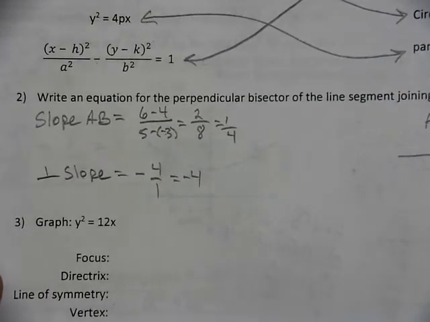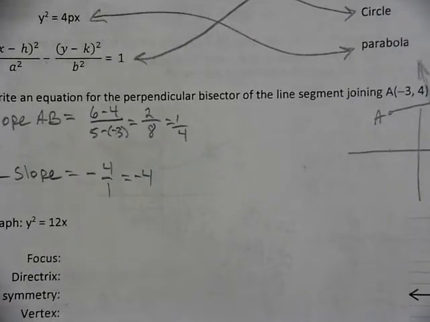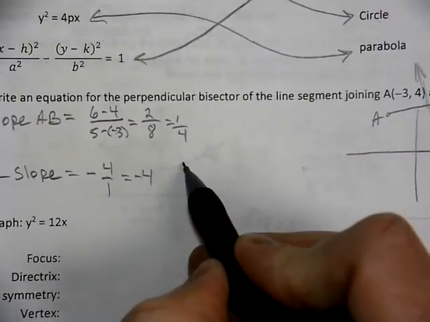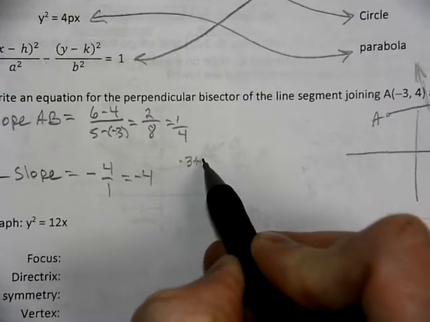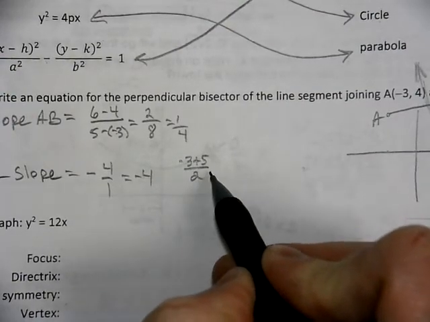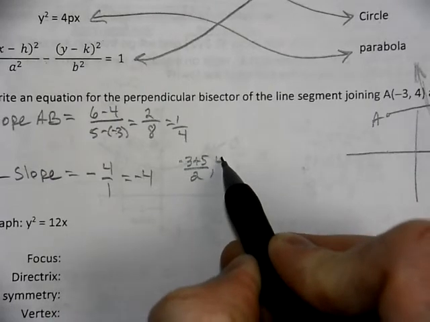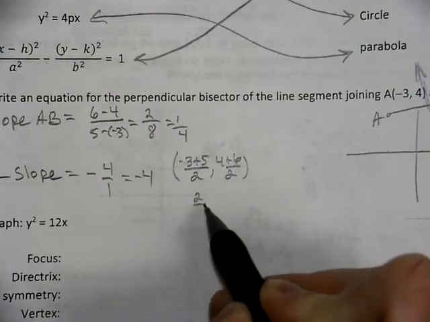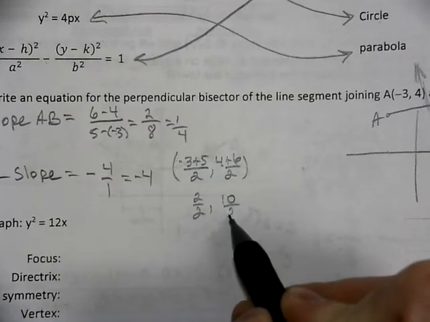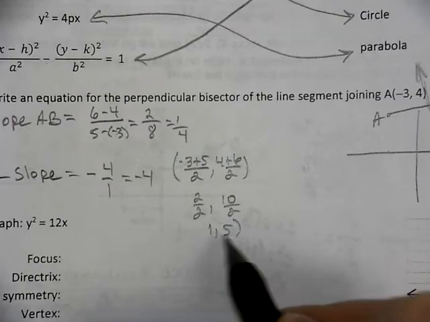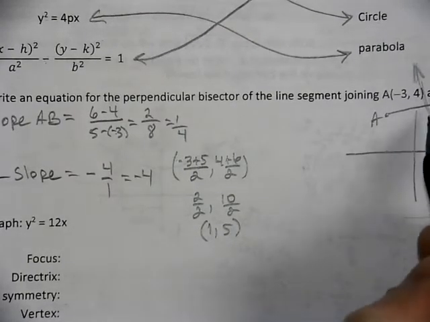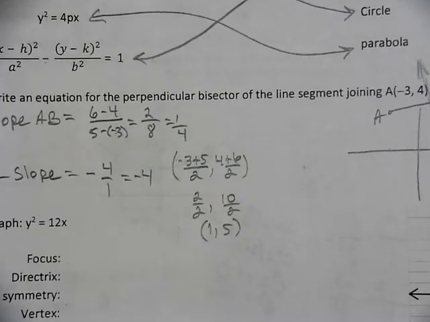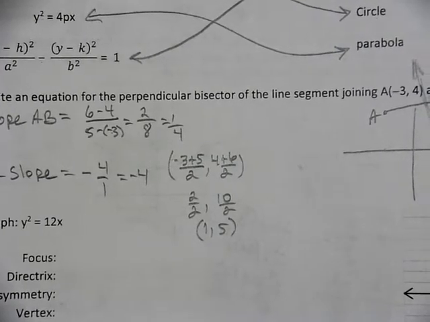Next we need to find the midpoint of AB. Using the midpoint formula, we're going to take the average of the x's. So we add the x's together, divide by 2. Add the y's together, divide by 2. So we know (1, 5) is our midpoint. That's the bisector portion of it.